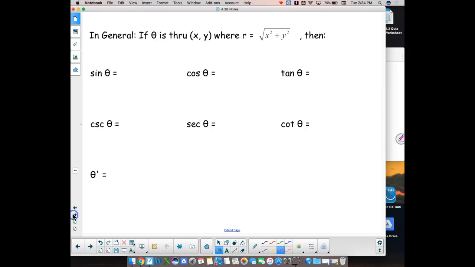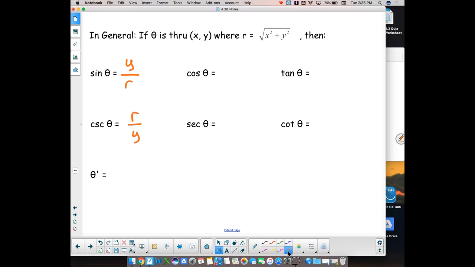So, to sum up, in general, if theta is through my point x comma y, and r is equal to the square root of x squared plus y squared, so basically finding what that hypotenuse is of your triangle, then the sine of theta will be y divided by r, which makes the cosecant of theta r divided by y, because they're reciprocals.